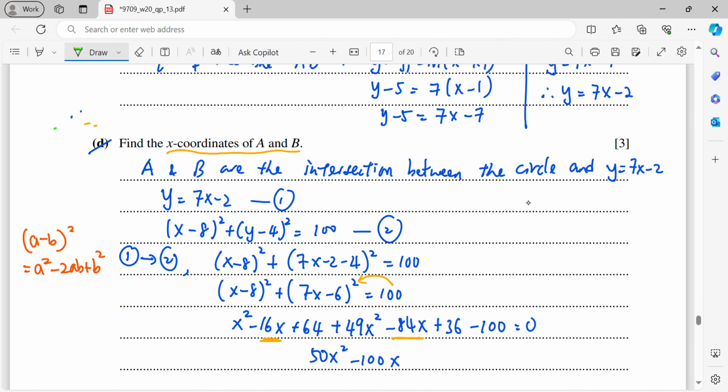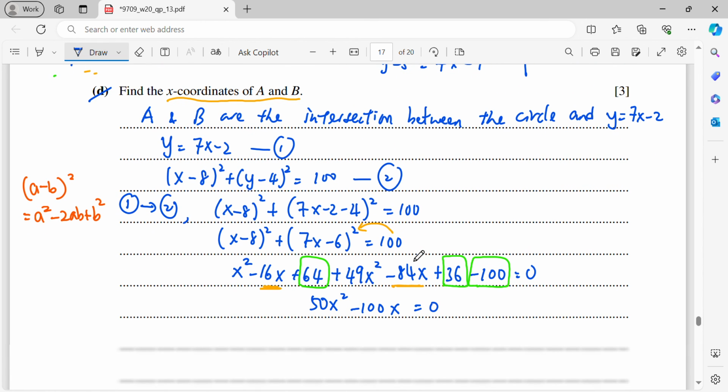And 64 plus 36 is 100, then minus 100 becomes 0. From here, I can divide the whole equation by 50. So I get x squared minus 2x equals 0.